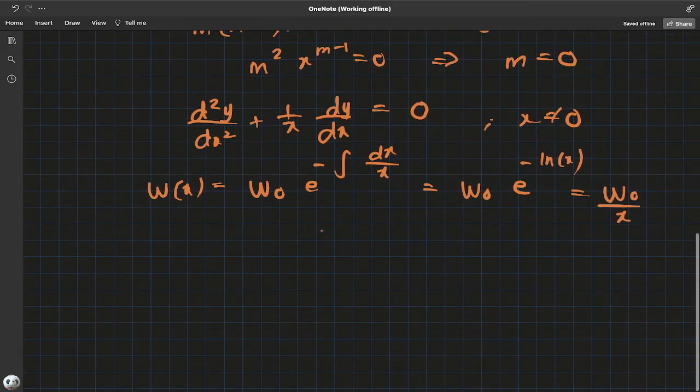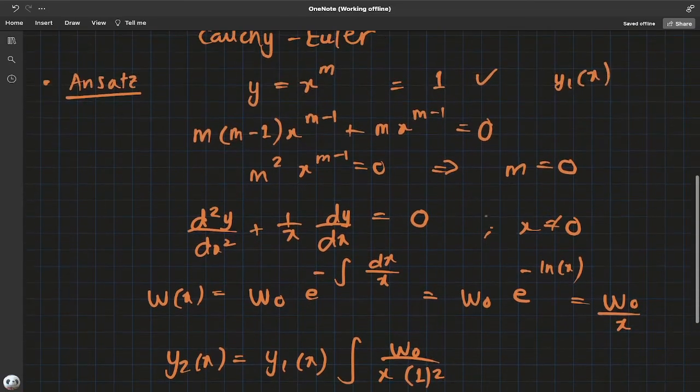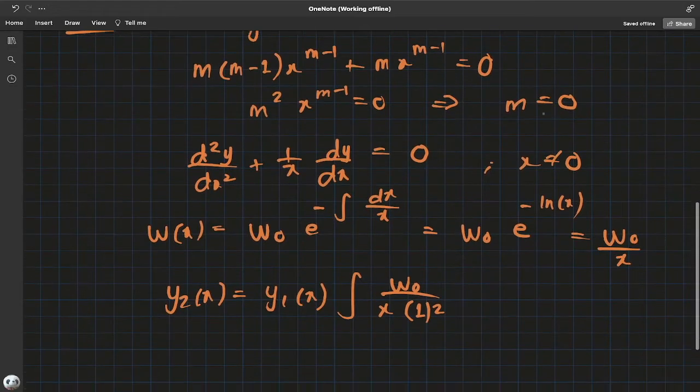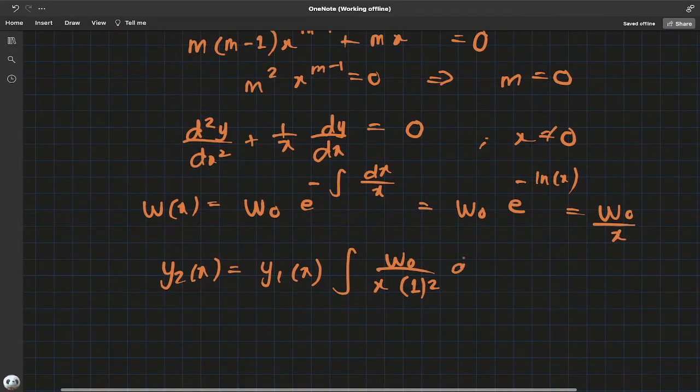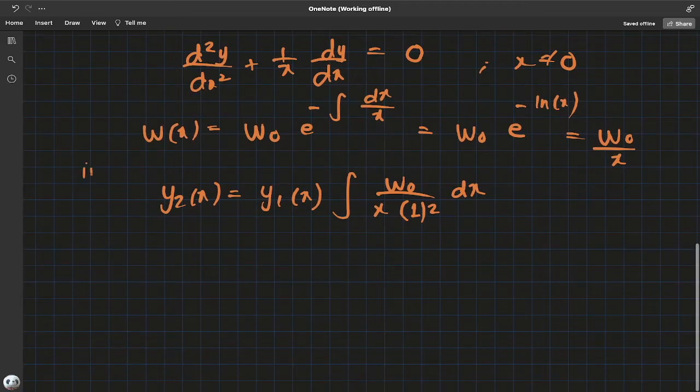And now we know y1, we can find y2 with the formula we found: y1 of x times the integral of the Wronskian, which is w naught over x, divided by y1 squared, which is 1 squared in this case, dx. We want to generate the independent solution.